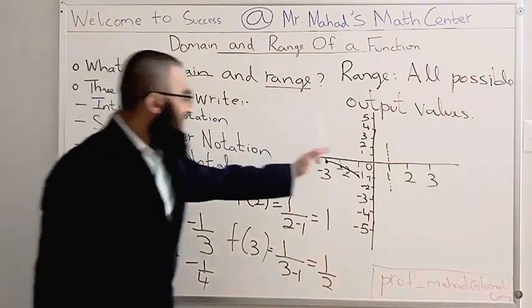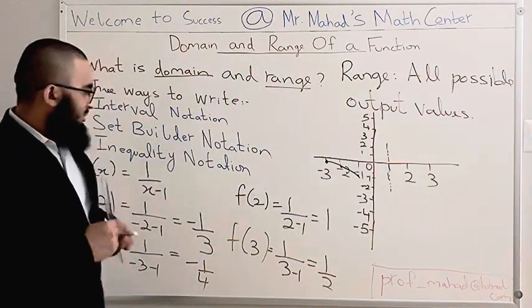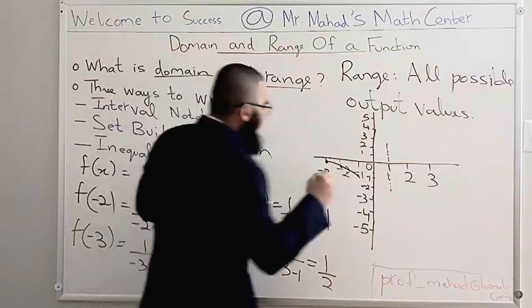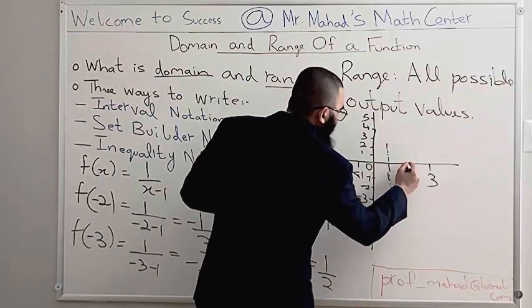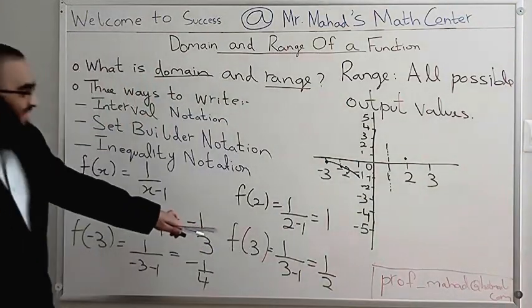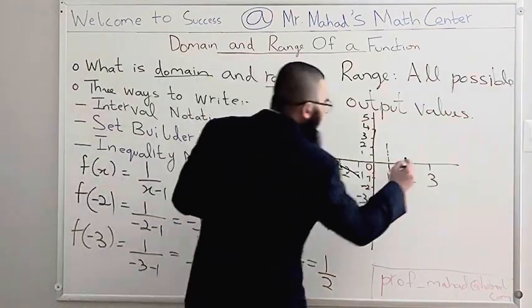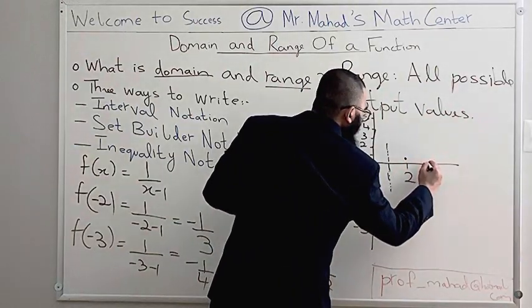Now let me take the right side. When x is 2, f of x is 1. So at 2, it's 1. When x is 3, f of x is 1 by 2.